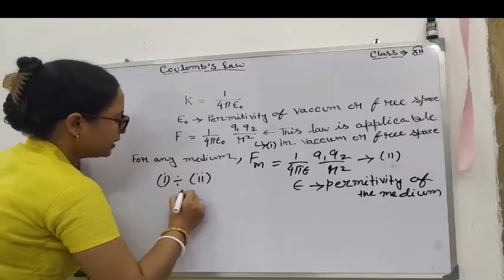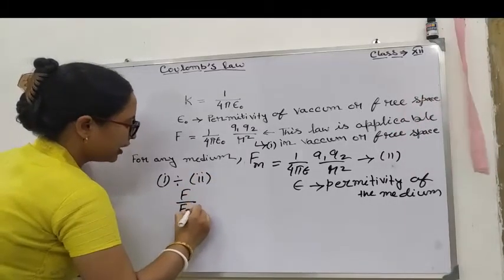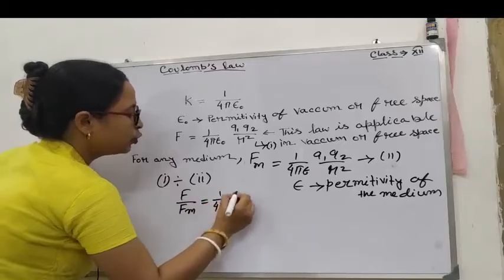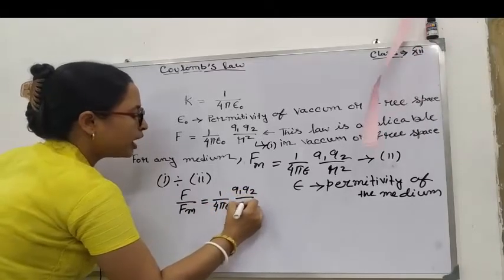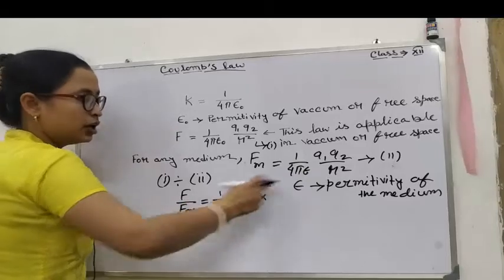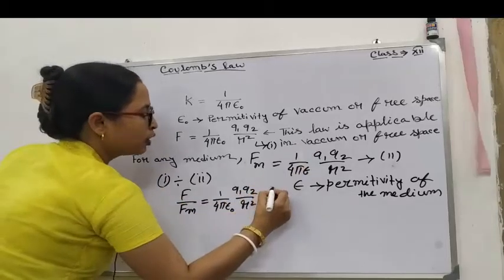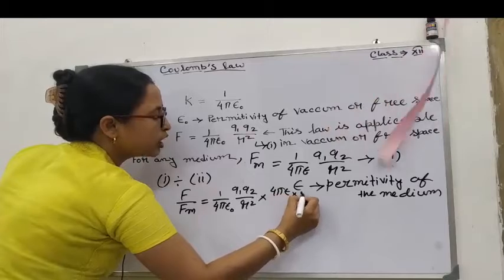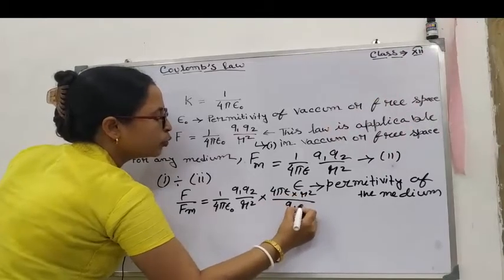Then F by Fm will be 1 by 4 pi epsilon naught q1 q2 by r square, and Fm is divided, so reciprocal: 4 pi epsilon into r square divided by q1 q2.